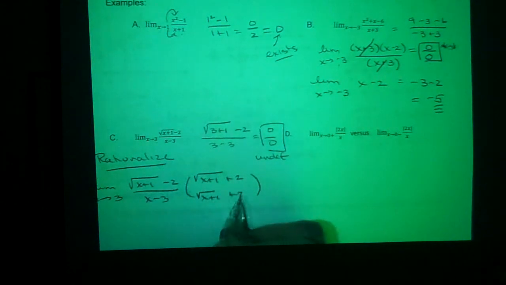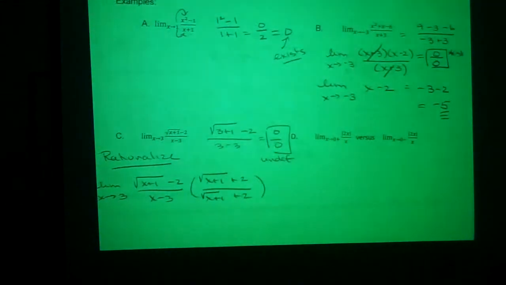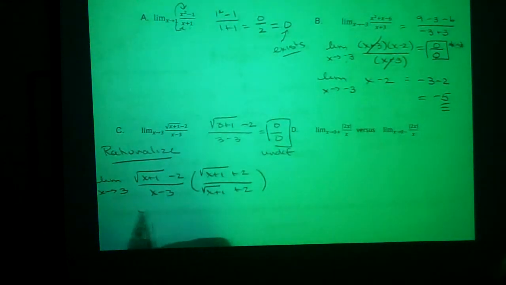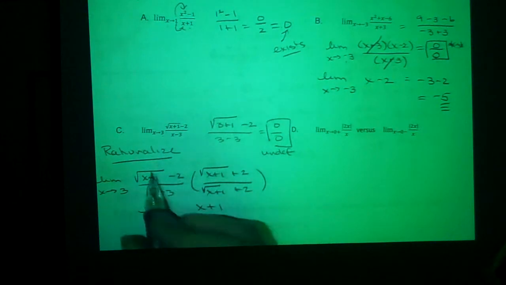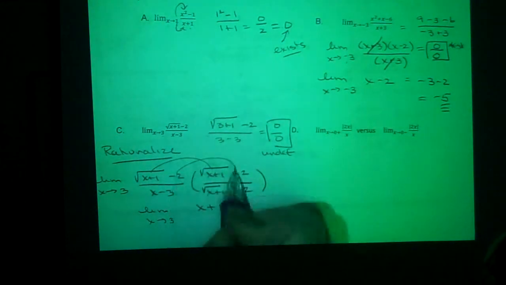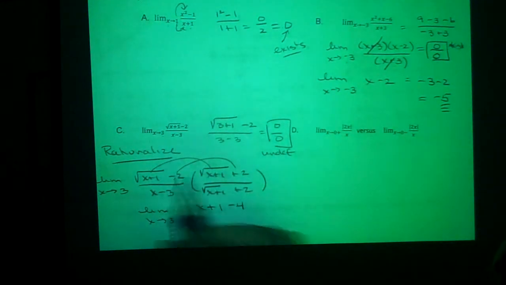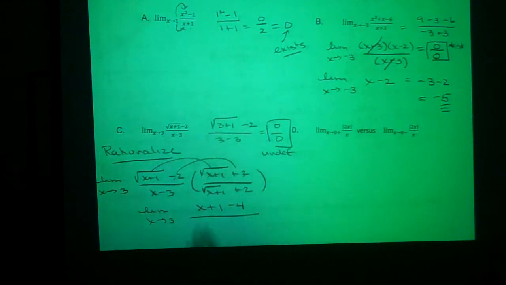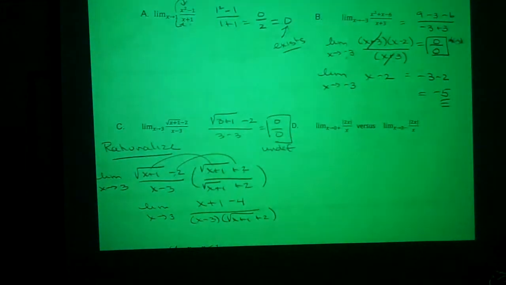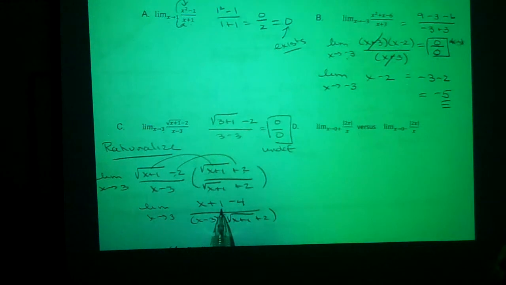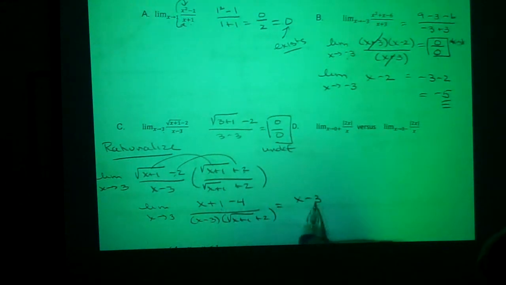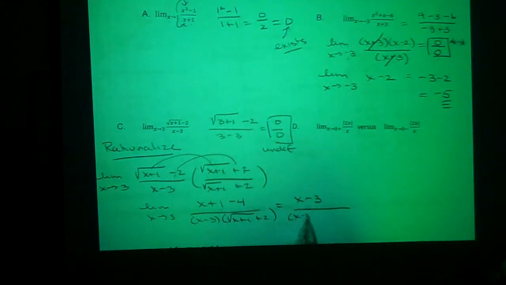And we're going to multiply numerator and denominator by that and get x plus 1 when these two multiply, minus 4 when those two multiply. We're going to have an x minus 3 and then the conjugate in the denominator. But what the numerator is going to simplify to is x minus 3. And we can divide that with the x minus 3 on the bottom.